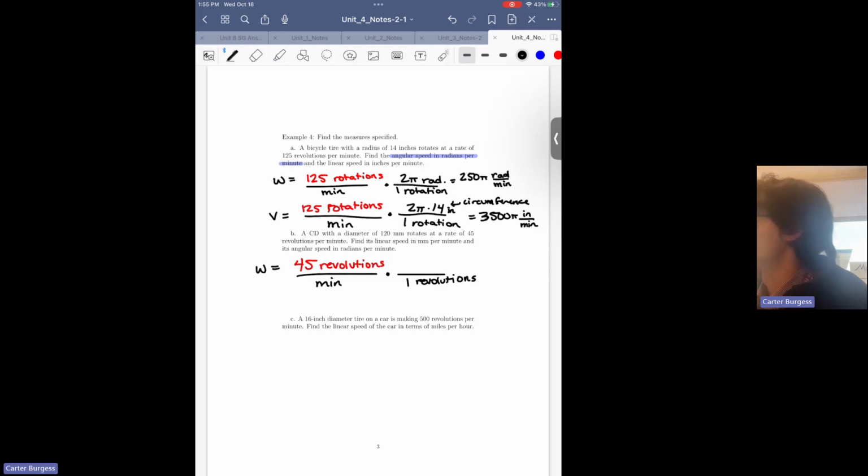You can use either word, even if you mix and match, as long as it's not confusing you that those are the same thing. Revolutions, rotations being the exact same. And then per one revolution, how much angle do I get in terms of radians? 2 pi radians, and then we'll do 2 pi r for the linear. And this would give me that I am increasing by 90 pi radians per minute.